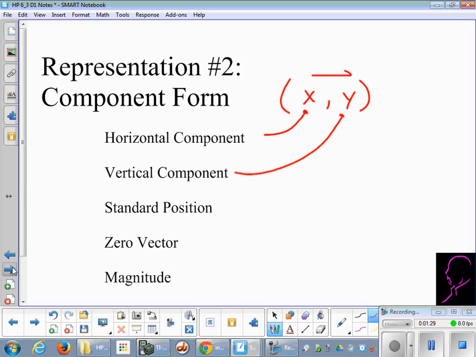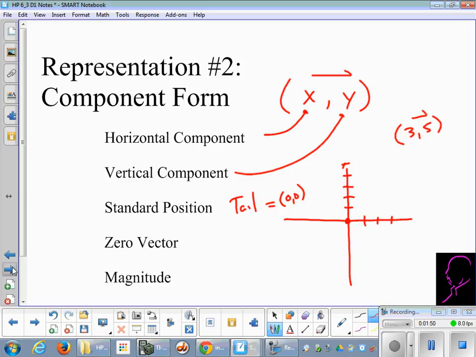In standard position, if I have a vector, for example, that says go to the right 3 and up 5, standard position tells us that we need to start at 0, 0. So the tail will go to the origin. Okay?